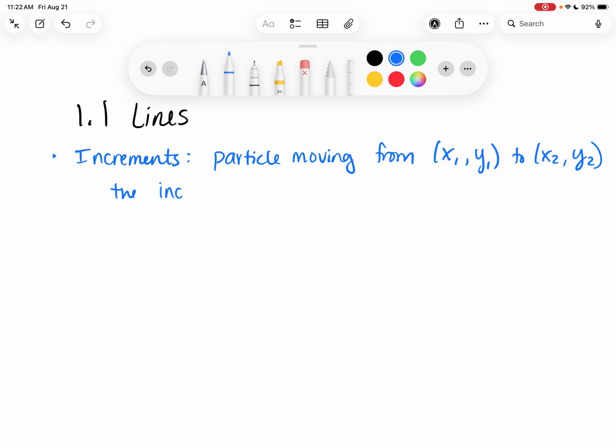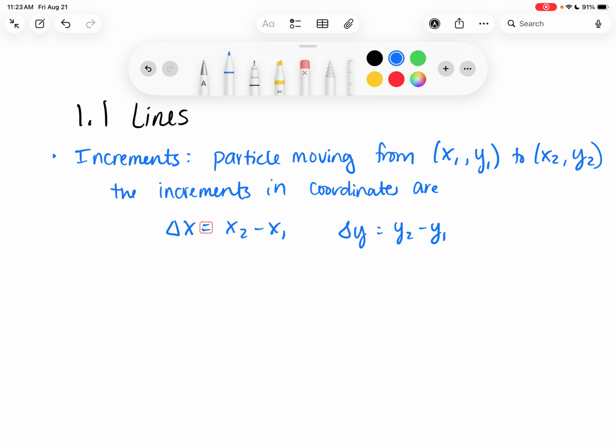The increments in coordinates are, and it's going to be delta x is x2 minus x1, and delta y is y2 minus y1.